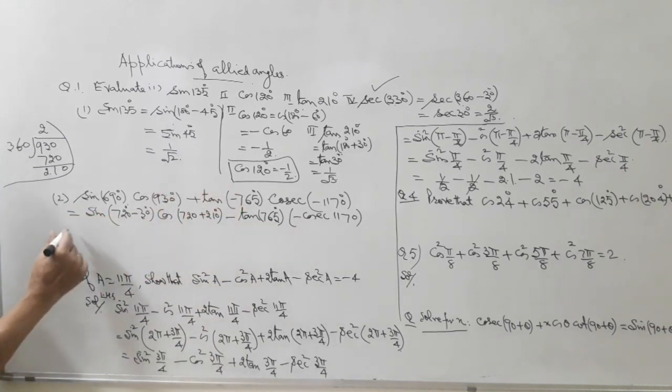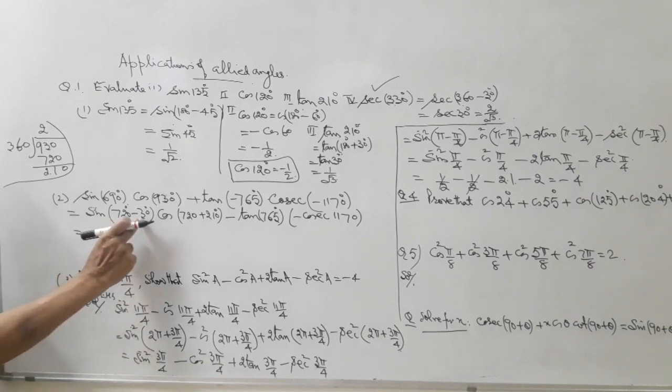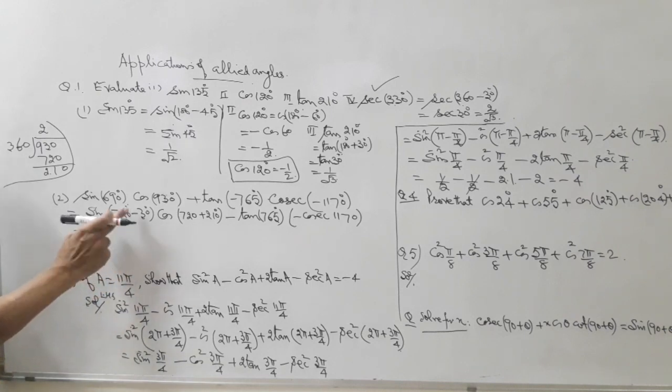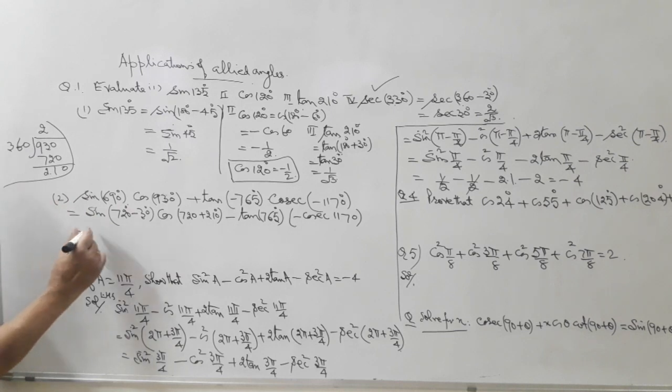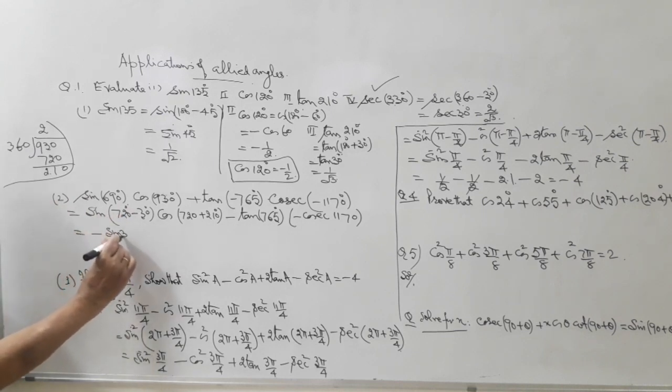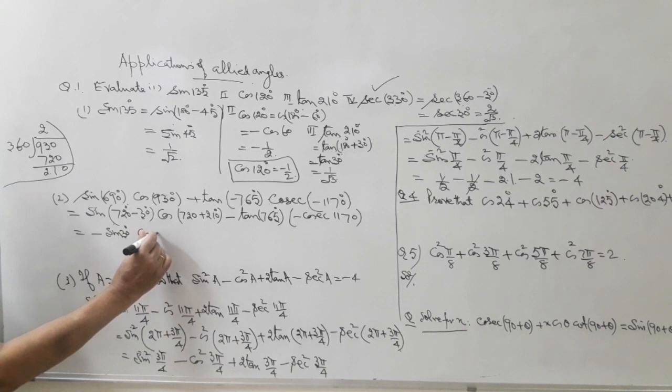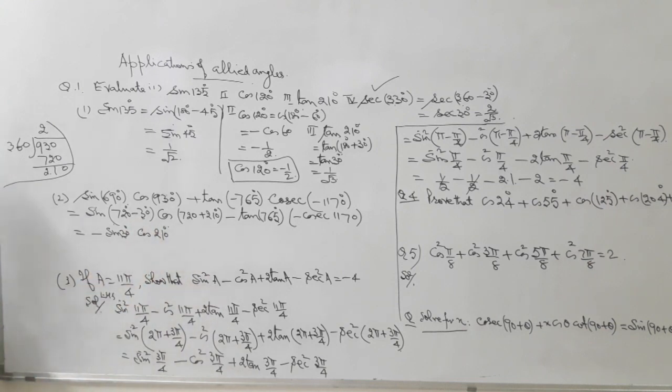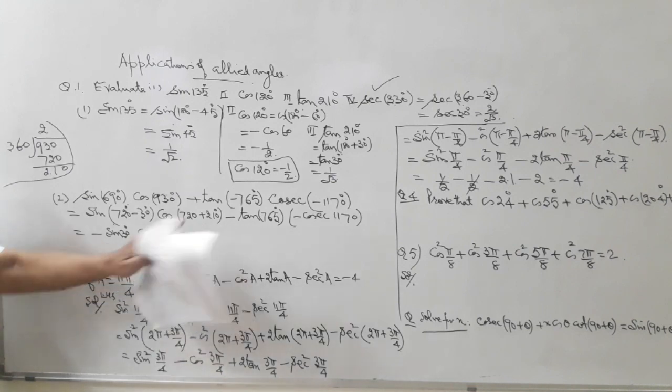So it is now sine 720 minus theta, that is 360 minus theta. It becomes in the fourth quadrant minus sine 30. Cos 720 plus theta, it is cos 210 degrees. I say for the time being the first quadrant, it is cos 360 plus theta.